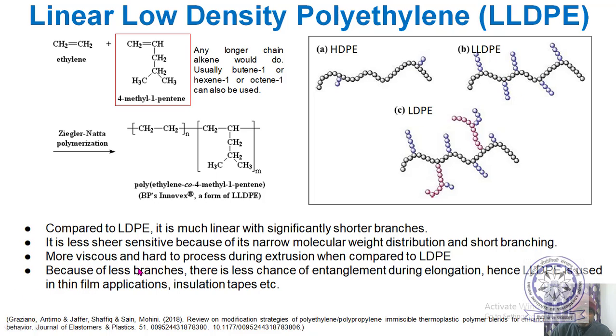So it is more viscous and hard to process compared to LDPE, but less so compared to HDPE. Because of fewer branches, there is less chance of entanglement during elongation, and therefore LLDPE is used for thin films, insulation tapes, etc.